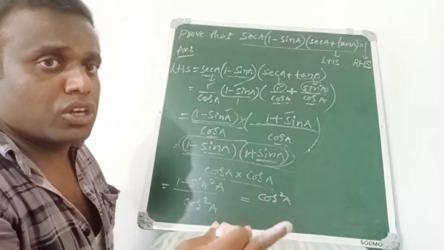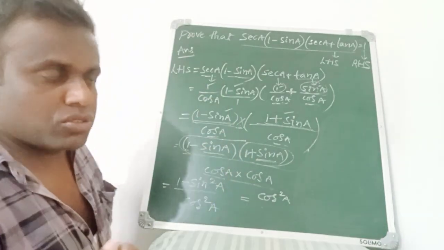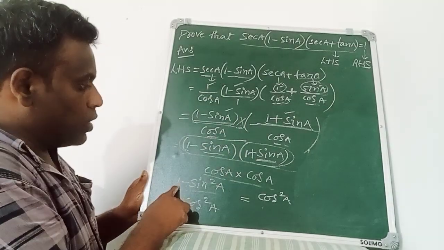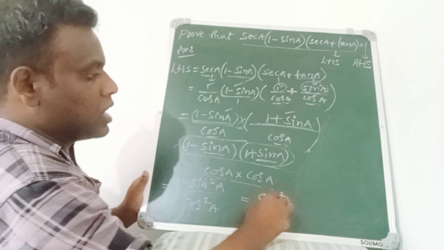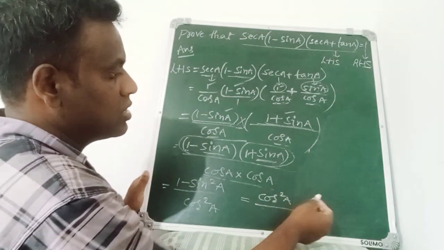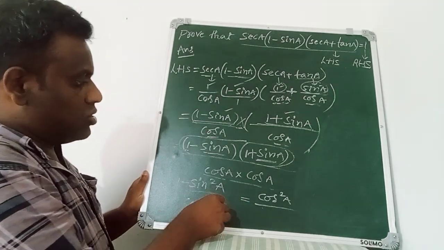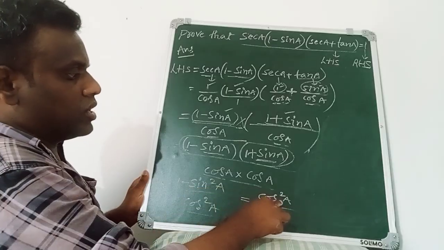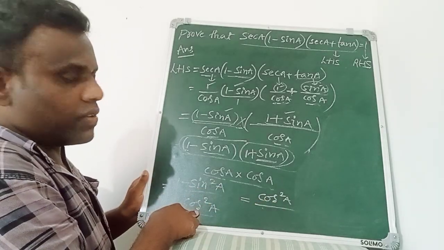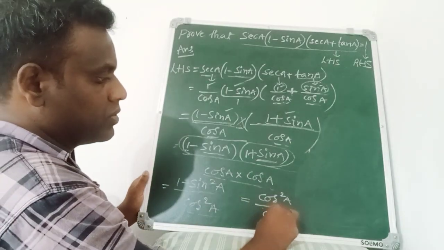Without knowing those formulas, you cannot solve this kind of problem. So 1 minus sin square A is equal to this cos square A. I am writing this line. And this cos square A you write as it is.